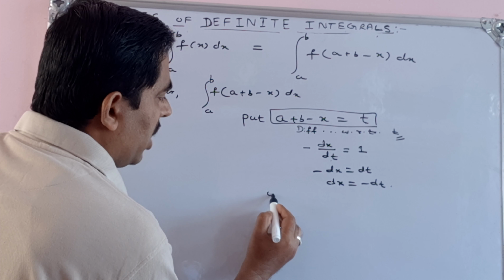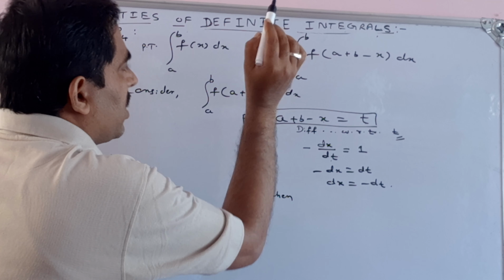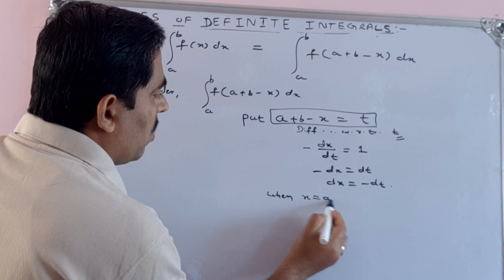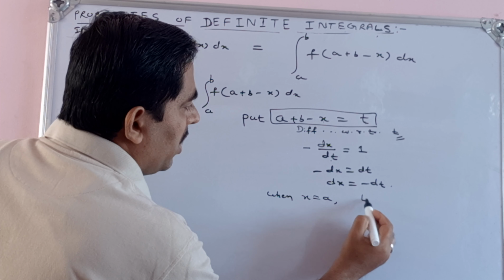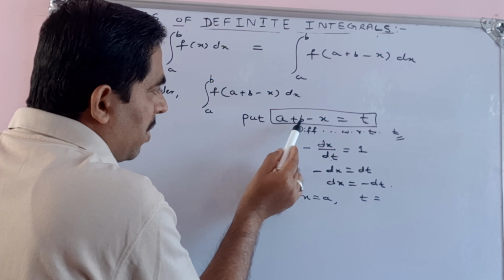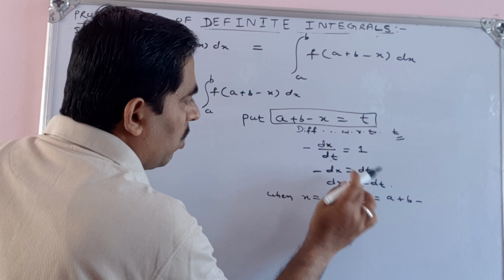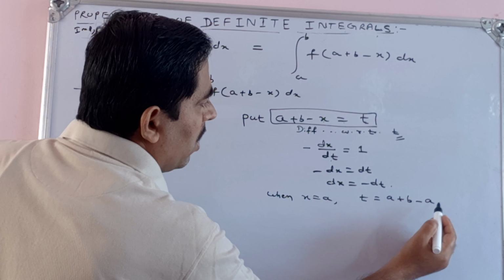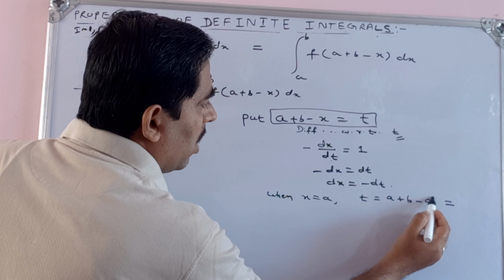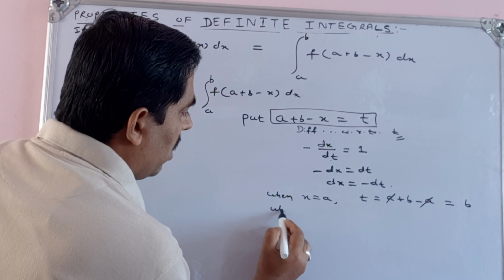Now I have to change the limits of integration. Be careful here. x goes from a to b. When x is equal to a, what will t be? Put x equal to a in a plus b minus x: a minus a is 0, so t is b.